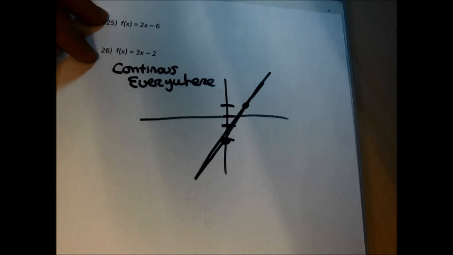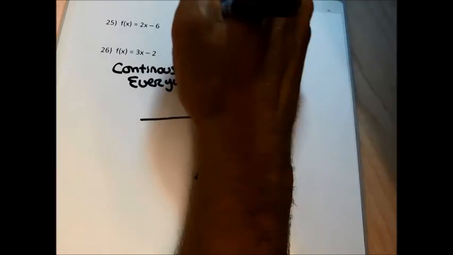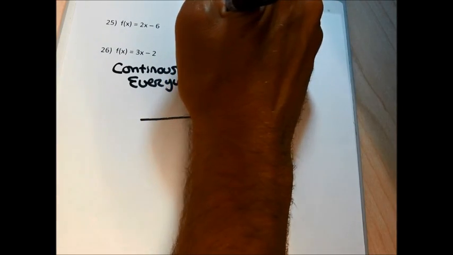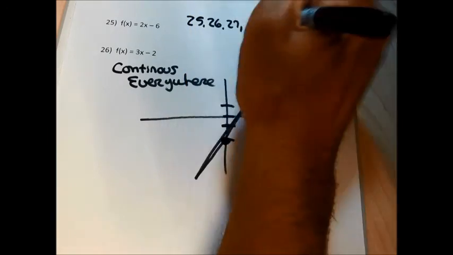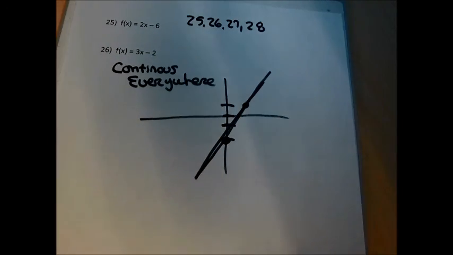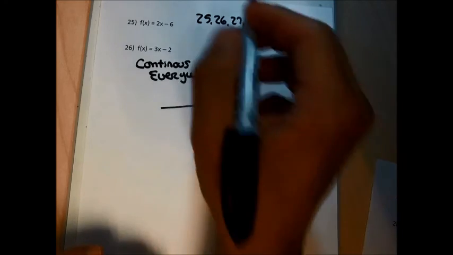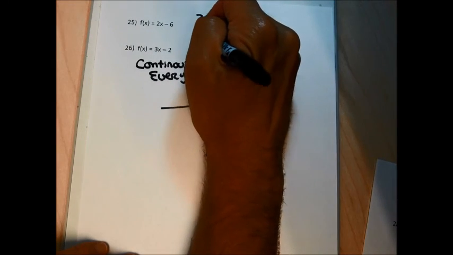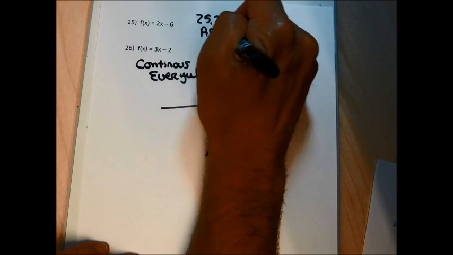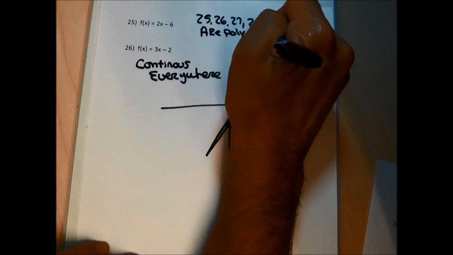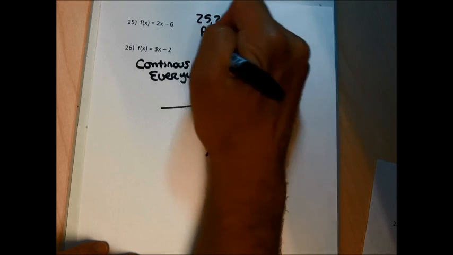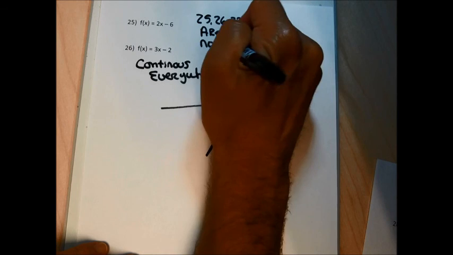It's going to turn out for 25, 26, 27, and 28, which are all polynomials, that there's going to be no algebra for these problems.